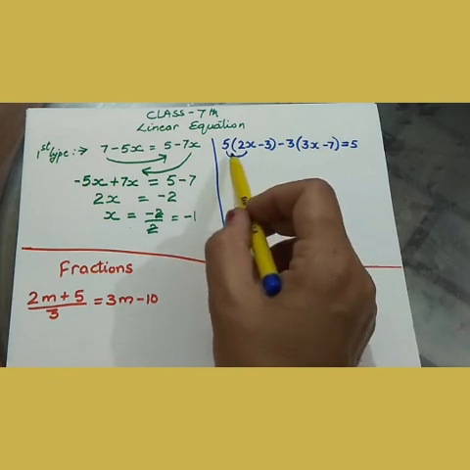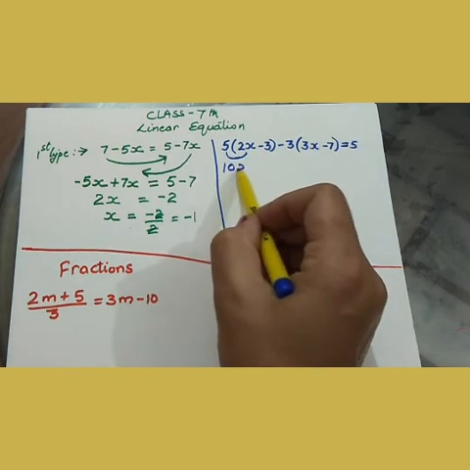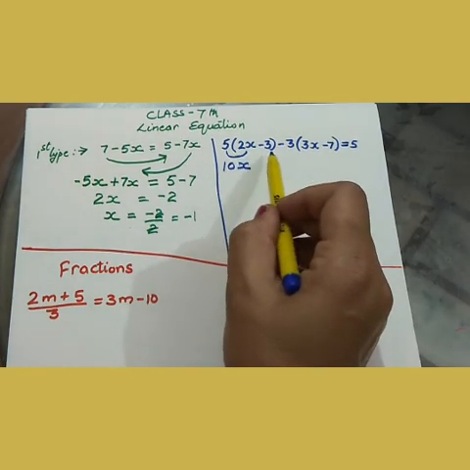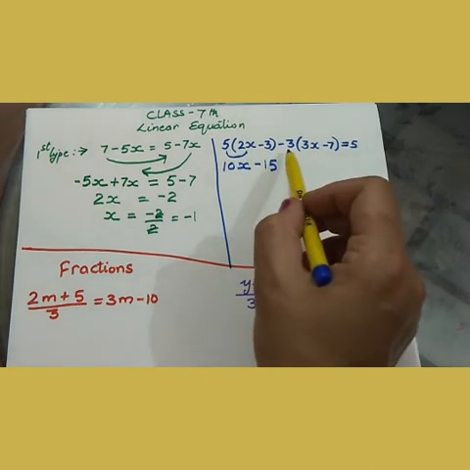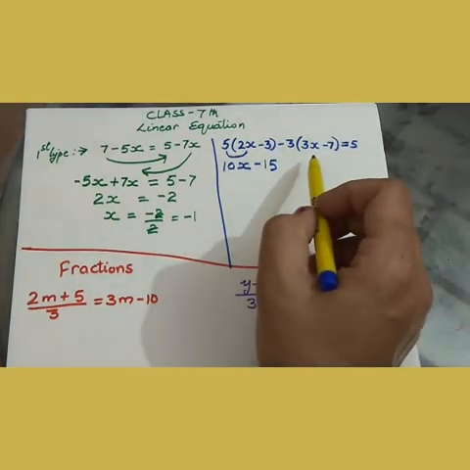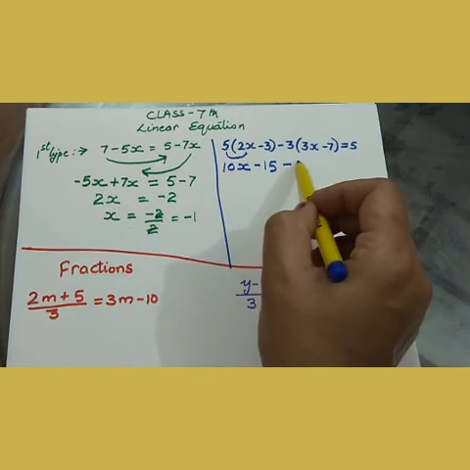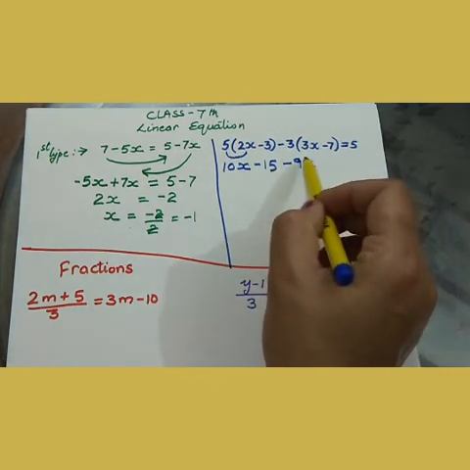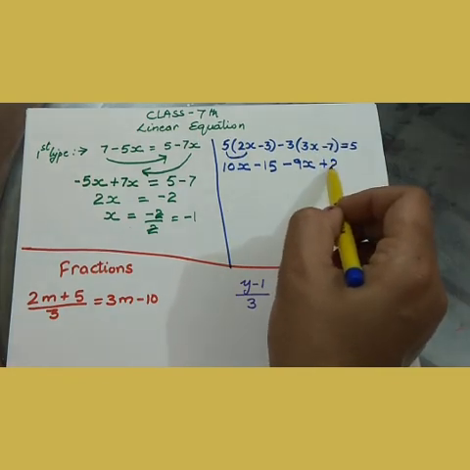First we multiply 5 by 2x, which becomes 10x. 5 multiplied by minus 3 will become minus 15. Now remember, this is minus 3. When you find the product, consider the negative sign also. Minus 3 multiplied by 3x gives you minus 9x. Minus 3 multiplied by minus 7 gives you plus 21.